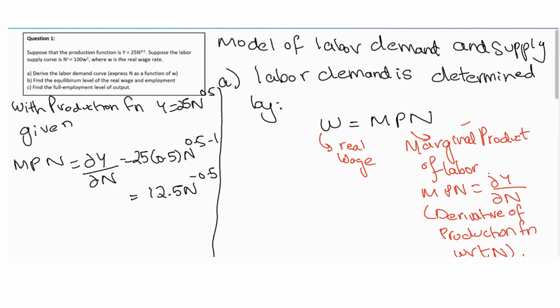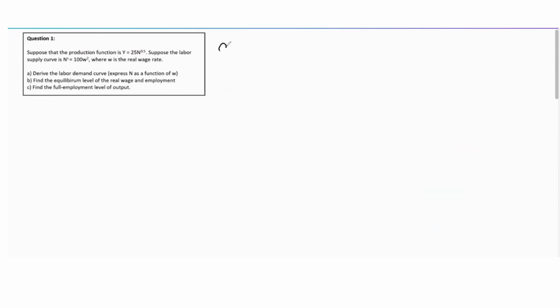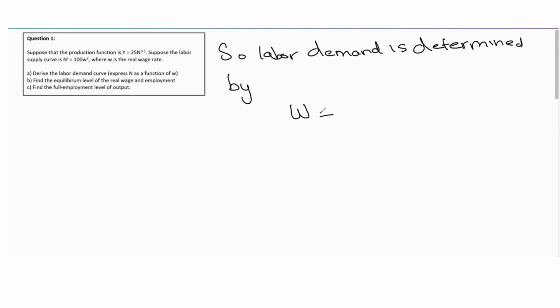So now we can find labor demand. So labor demand is determined by where real wage w is equal to marginal product of labor, which is 12.5 n to the power minus 0.5, right? So this is like the real wage. This was MPN.